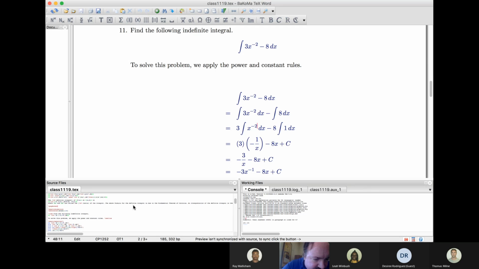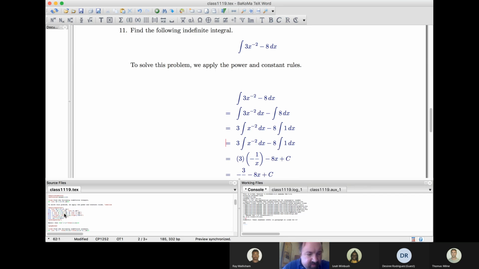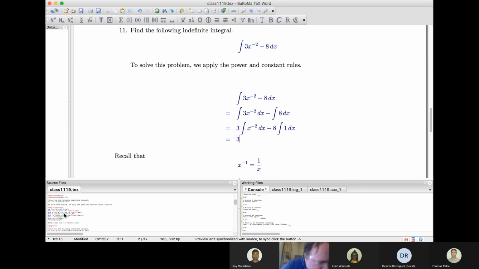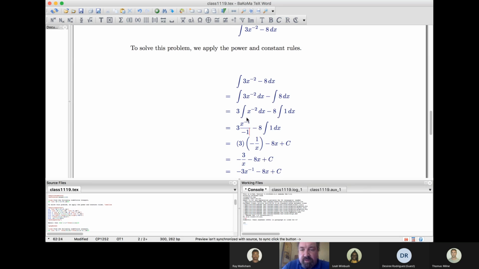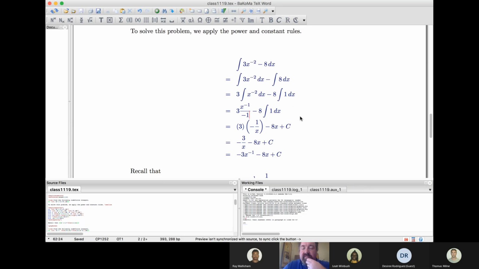Sorry, my text here is so small, it's very difficult to work with. So to show clearly how the power rule is used in this case, that would give you x to the minus 1 over minus 1. So you add 1 to the exponent, and then you divide by that new exponent.